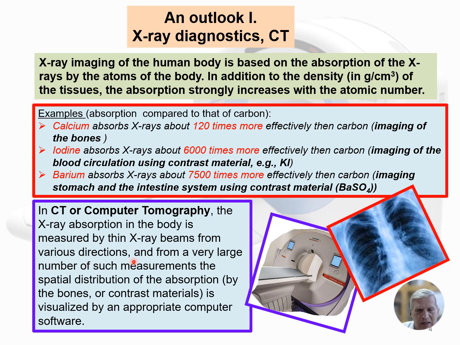So we check the absorption of X-rays in the body from various directions, and we do a very large number of such measurements, and therefore a spatial distribution of the absorption by the bones or any contrast materials can be visualized by the appropriate computer software. So this is the most developed technique for X-ray imaging, the CT, and this is very widespread now in medical practice.